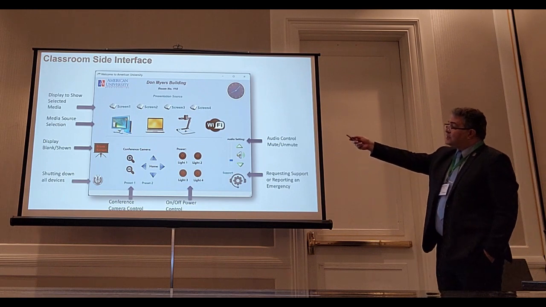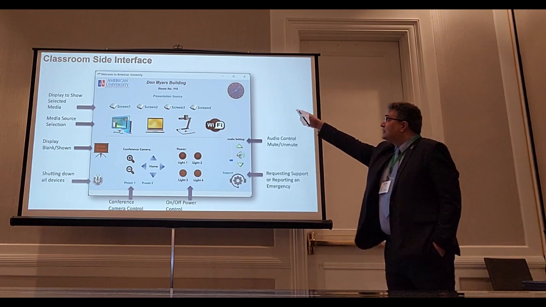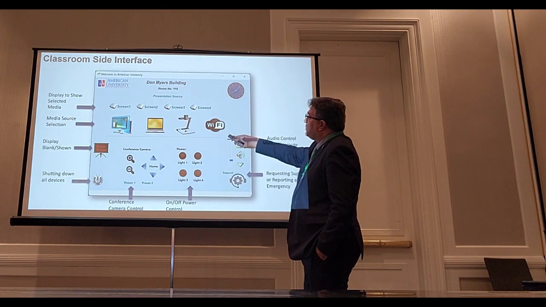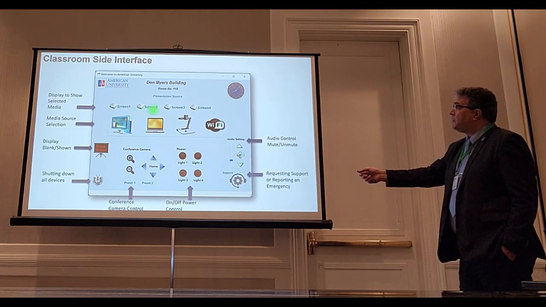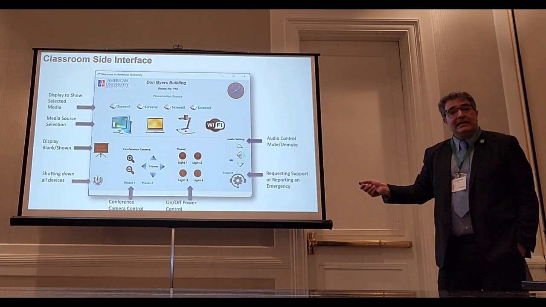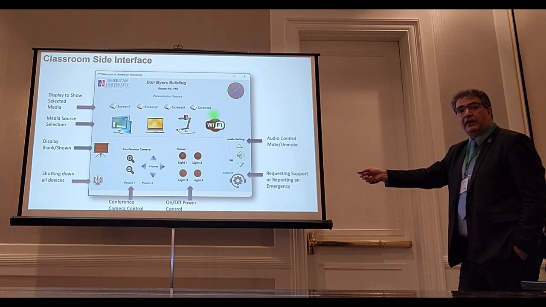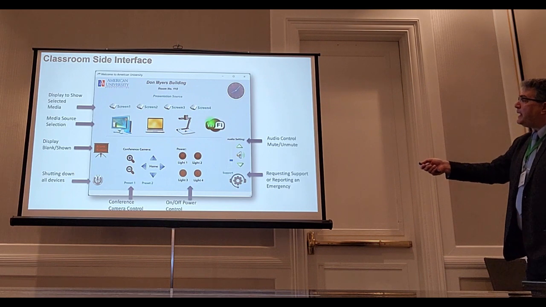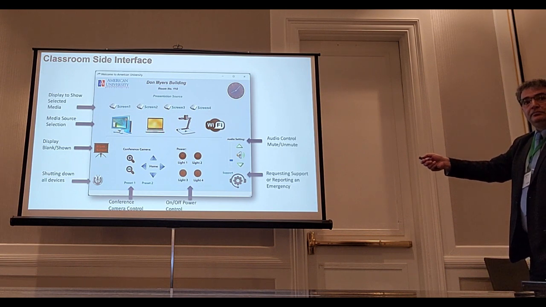Okay, this is the interface you see. This interface is on Windows, compiled on Windows. You have the building you are in, the classroom. You have four screens here. I defined screen 1, screen 2, screen 3, screen 4. And here you have the sources: computer, laptop, the camera, and Wi-Fi. So for each one, you simply pick the source, and then you say, I want laptop on this one.